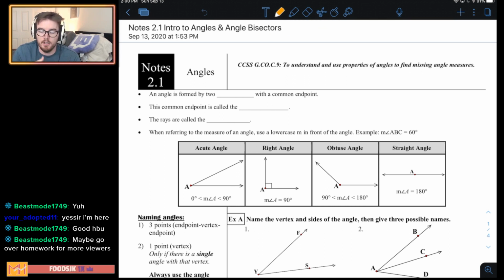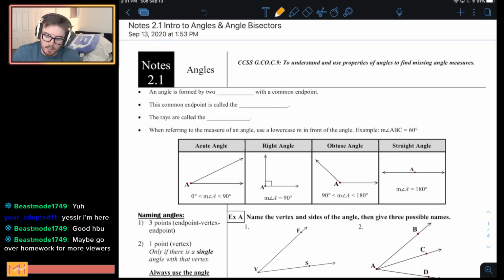They're available in the Canvas module 2.1 printable notes.